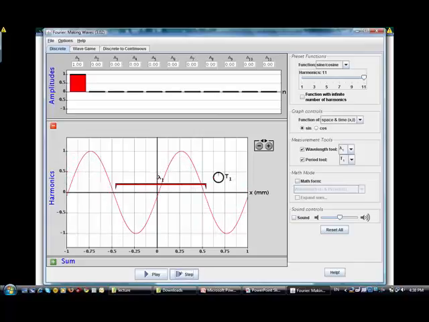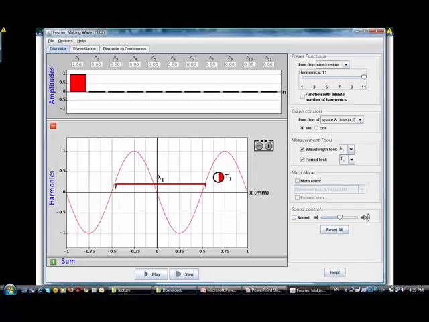We had half a wave, so that's half a period. A full wave, a full period. So we use it as a timer.